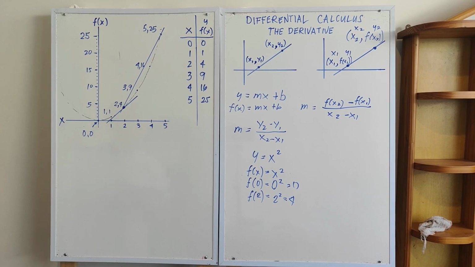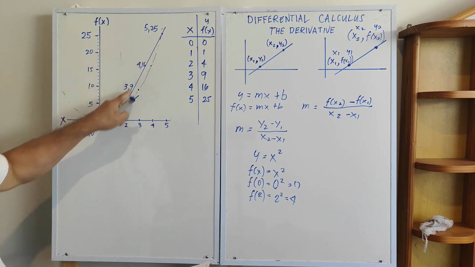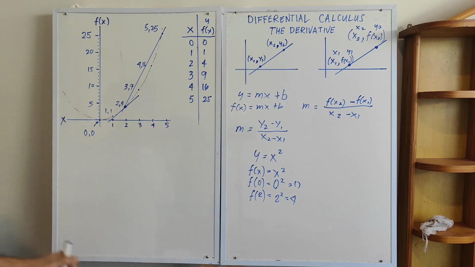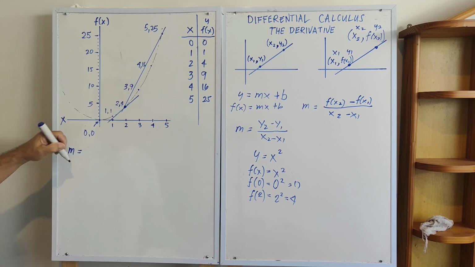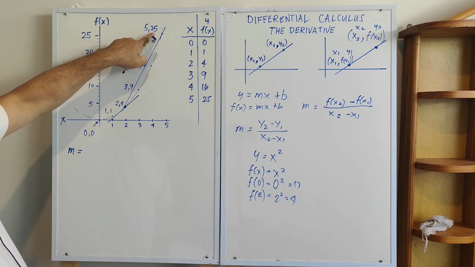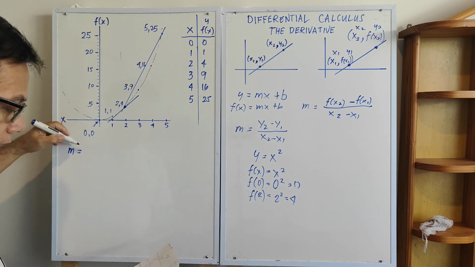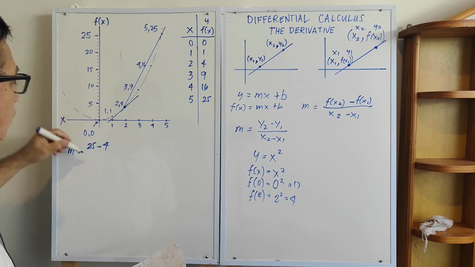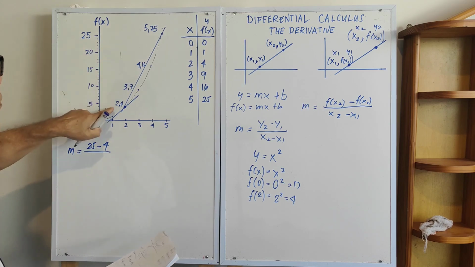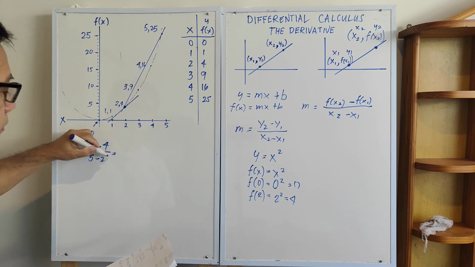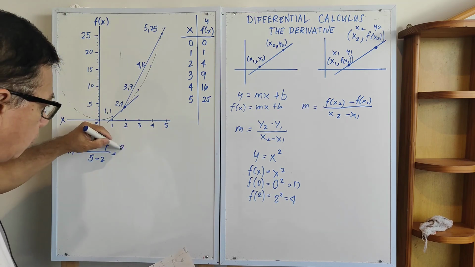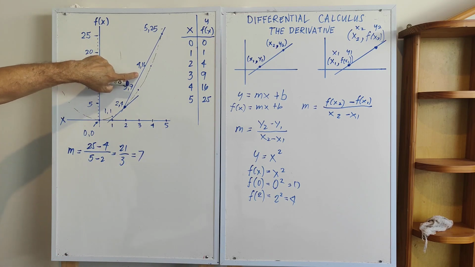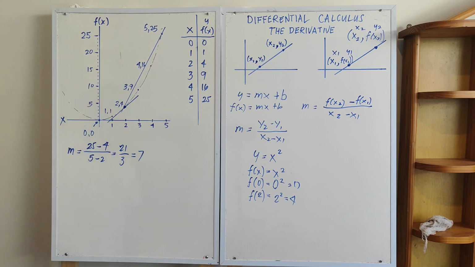To get the slope of these 2 points, we just use the slope formula. It's still y2 minus y1, so 25 minus 4 over 5 minus 2, that would be 21 over 3, or 7. So the slope of this secant line is 7.